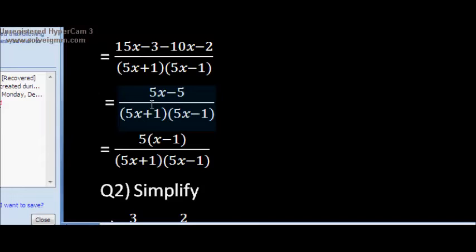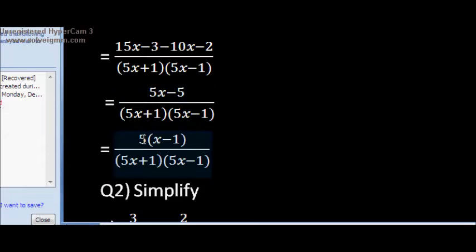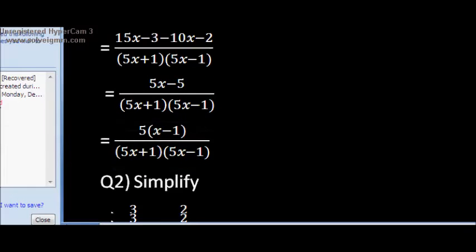You can further take out 5 as a common number, so it will become 5 into x minus 1, and the denominator terms you can see here, 5x plus 1 into 5x minus 1. This is your single denominator. So you have changed your double denominator into a single denominator, and then after simplification your answer is this. All the questions are on the same pattern.